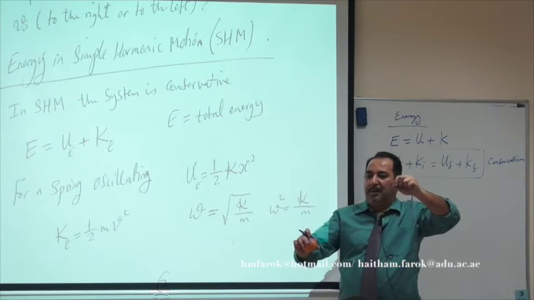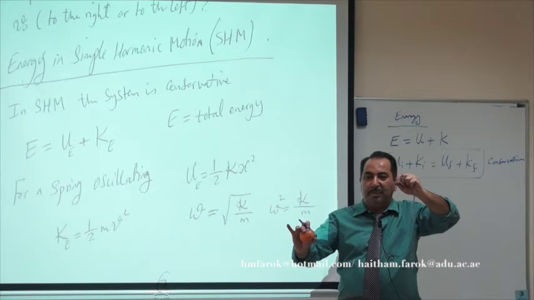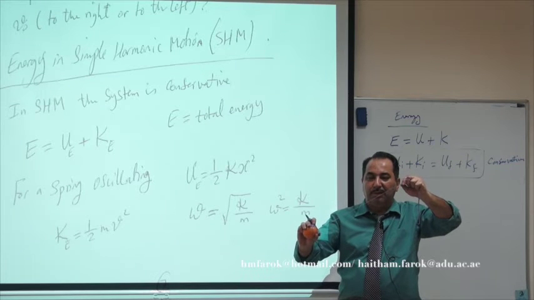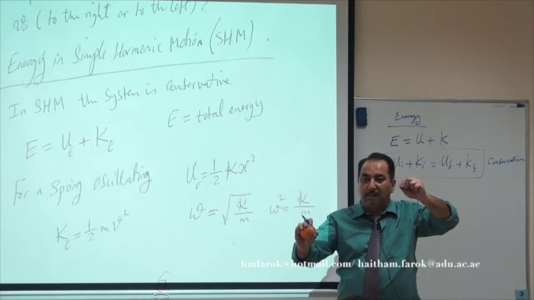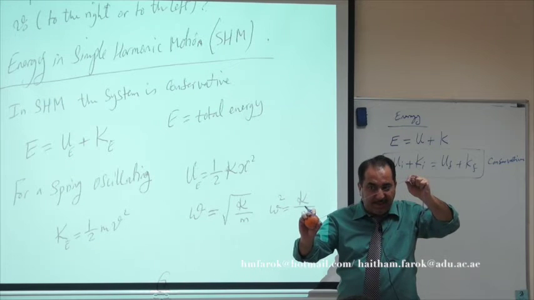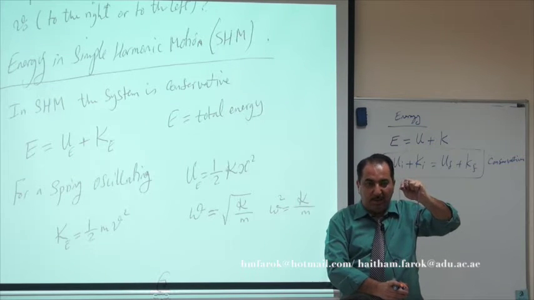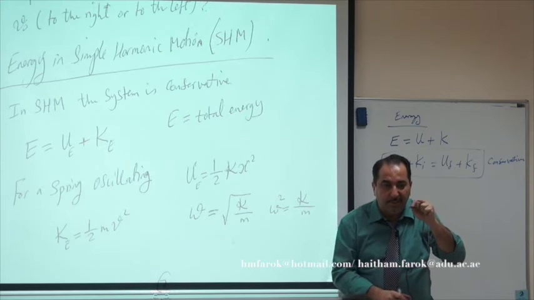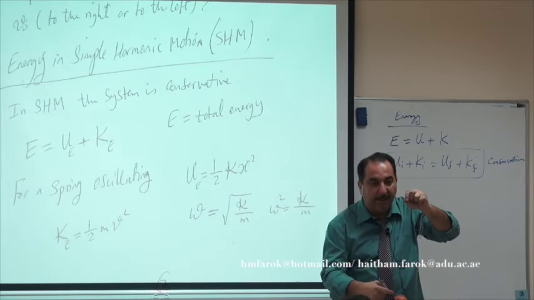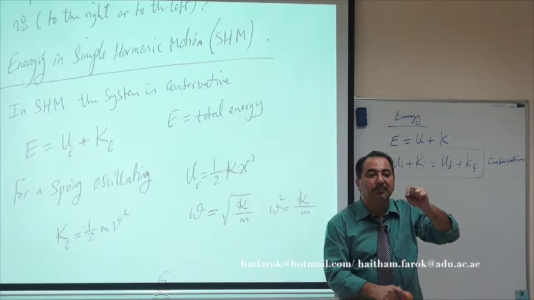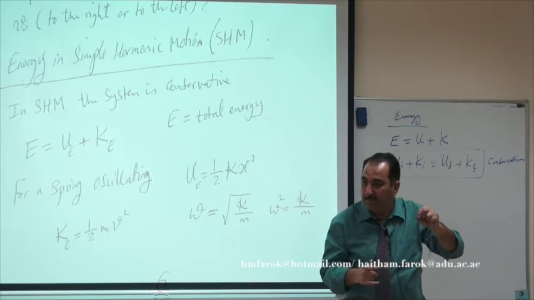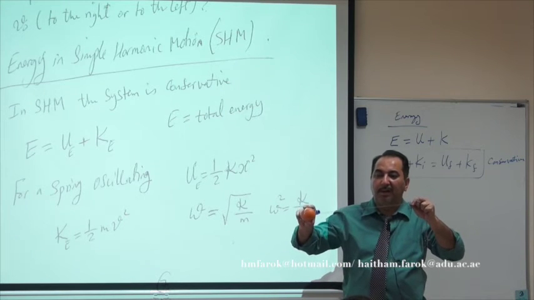Anyway, so at this extreme, what's the energy? Only what? Only potential. Kinetic is 0. Here? Only kinetic. Now, this system is conservative or not? What's the total here? Kinetic. What's the total here?